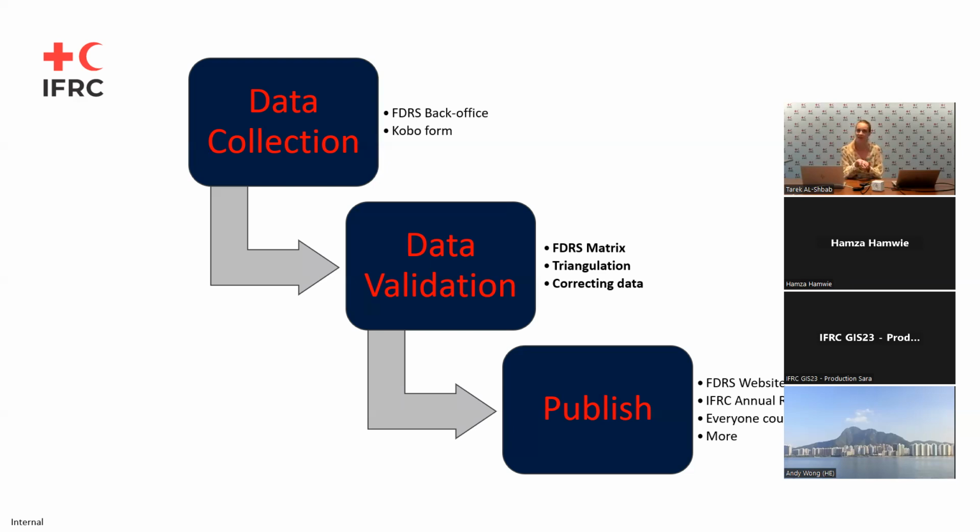Once the National Society has inputted their data for these 3 sections, as we previously went over, we can move on to the data validation, the quality assurance check. To do this, we use our FDRS validation data matrix. This allows us to compare figures this year that the National Society has submitted compared to their previous years.